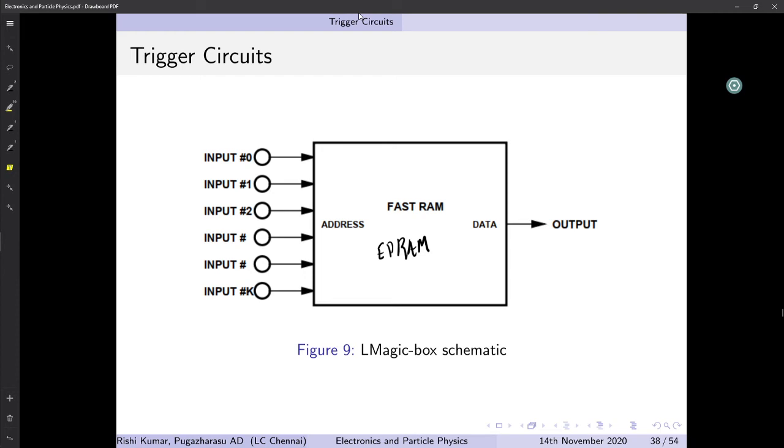The rest of the addresses, the buffer, are set at 0. The required combinations for the trigger can be done by pre-computing and storing the RAM content according to how you want the coincidences to be set up. It can be done before the experiment is run, and it's not done when you're manufacturing it, as in the previous case.